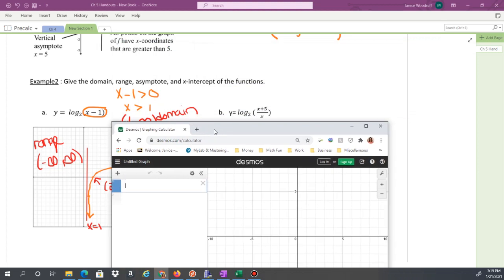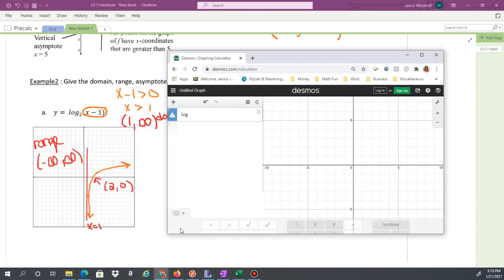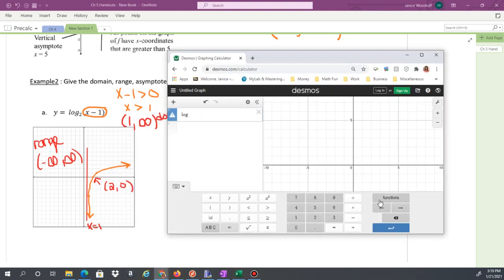Okay, so we have y equals, so log, and I can't really see this here. Function, logarithm. There's our log. There we go.